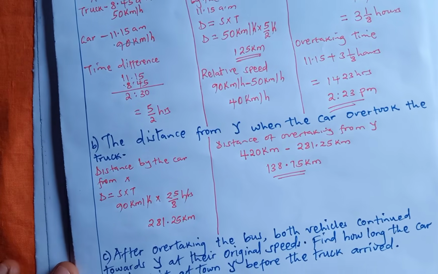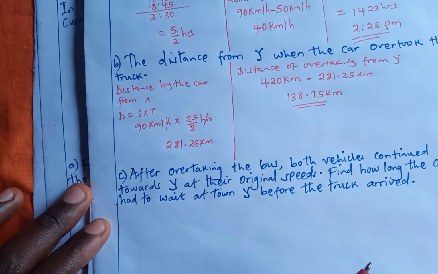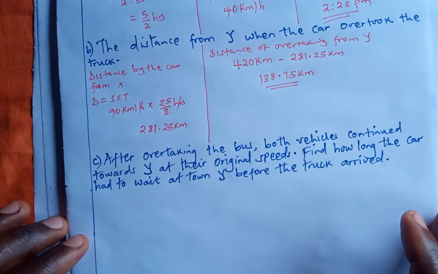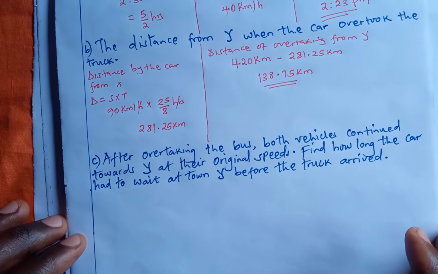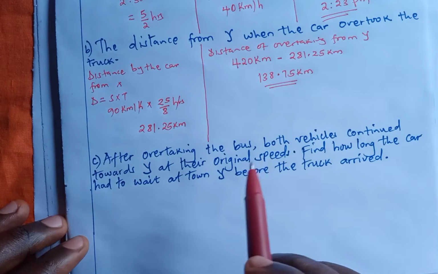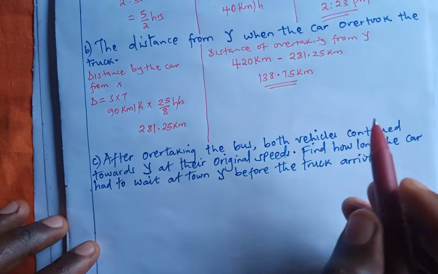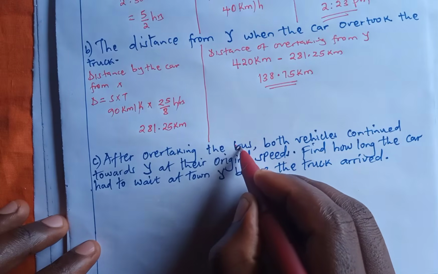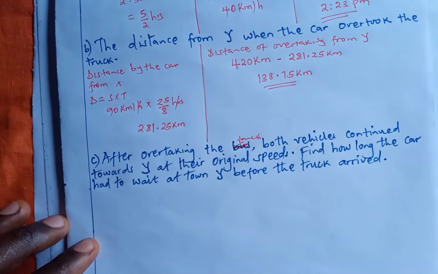Now, the next thing that we are going to do is our final part, part C. The question says, after overtaking the truck, I think this is supposed to be the truck, both vehicles continued towards Y at their original speeds.